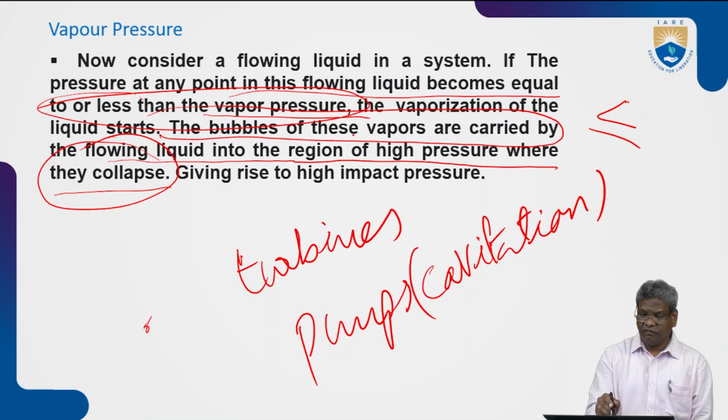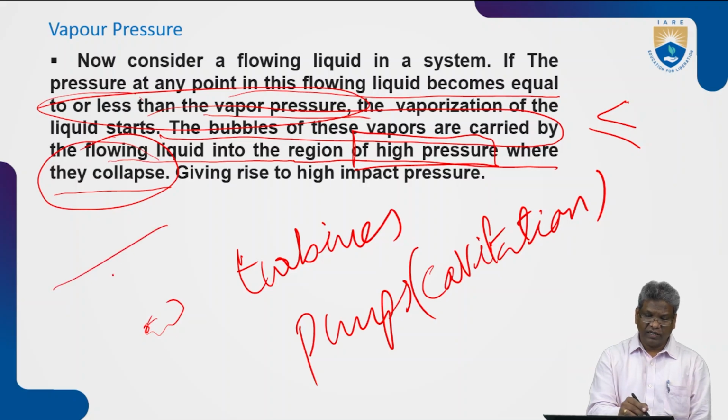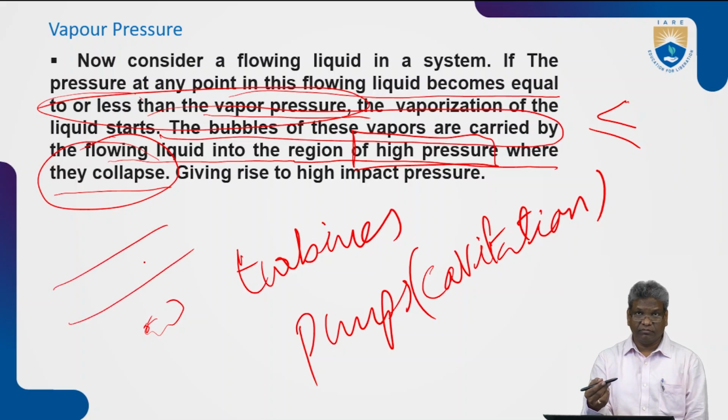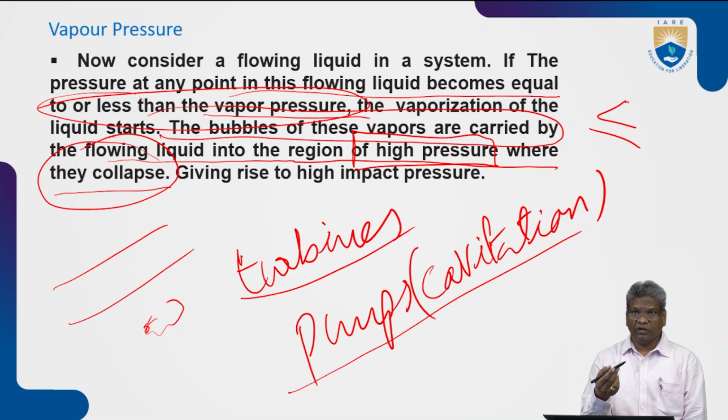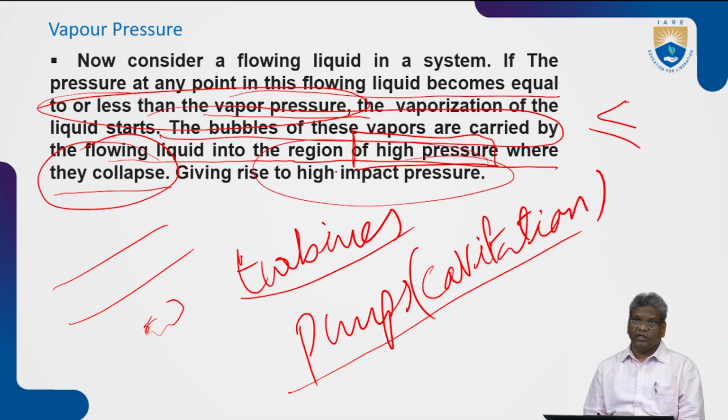When they reach a high pressure zone, they collapse, the bubbles burst, and some impact takes place as it travels in the pipe, or on parts of the turbines like the draft tube or runners. In pumps, it is the impeller, inlet valve, inlet pipe or outlet pipe. So the impact of high pressure will take place in turbines and pumps.